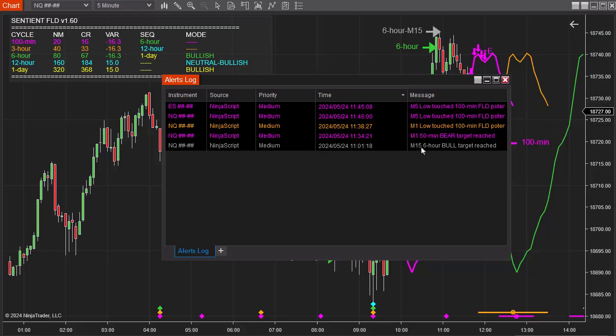As is the case with this first alert that you can see over here, it is gray in color to match the color of our multiple time frame targets, and you can see it was generated by the M15 time frame data, in other words 15-minute time frame, and it is an alert for the 6-hour bull target having been reached.